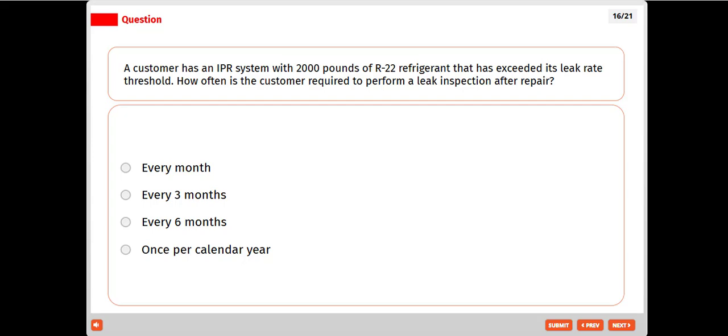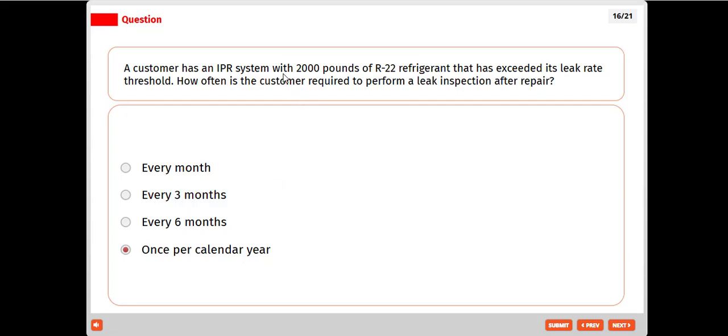Okay, after repair. Every month, every 3 months, every 6 months, once per calendar year.